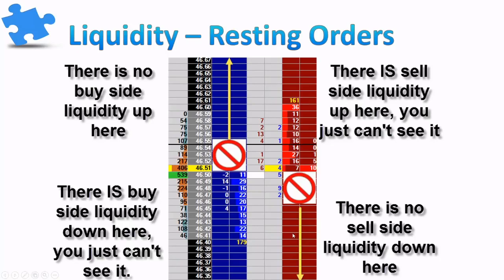What it means is that as we move up, we move into areas where no floors exist but ceilings do exist. When we move down, we move into areas where no ceilings exist but floors do exist. In a move up, you get a relative liquidity vacuum created behind you.